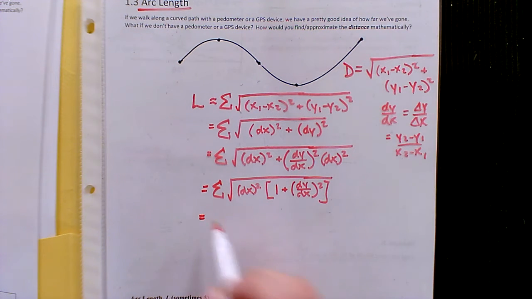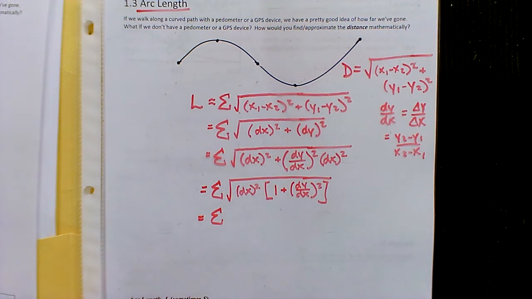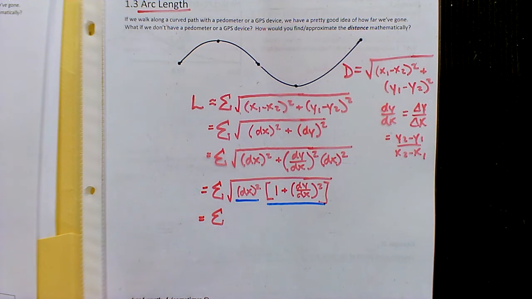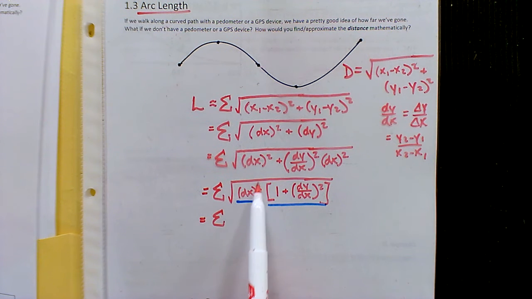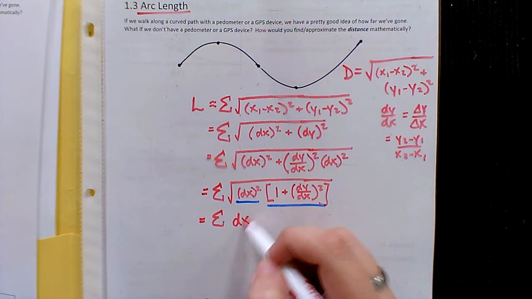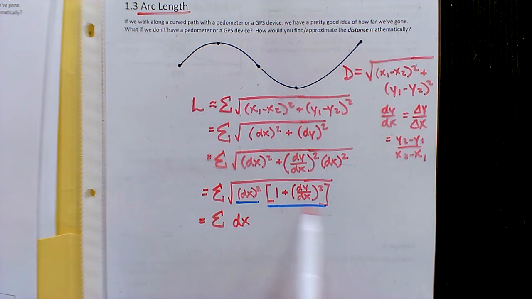Okay. Now let's think about if you're multiplying two things together inside of a square root. Notice how we have the dx squared times that leftover factor squared. You can take the square roots of each individual term. So how can we rewrite the square root of dx squared? Just dx. Now, unfortunately, the second term is comprised of a sum.